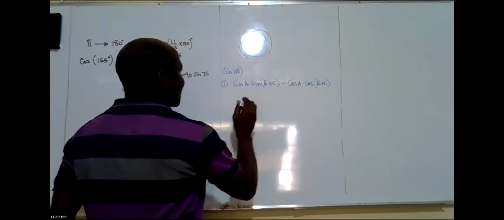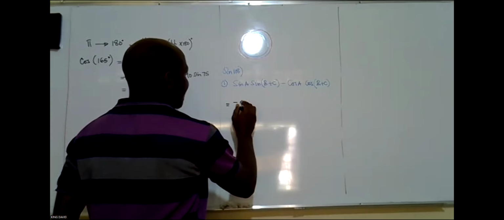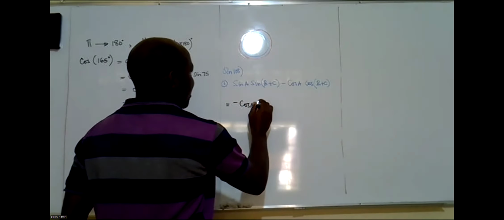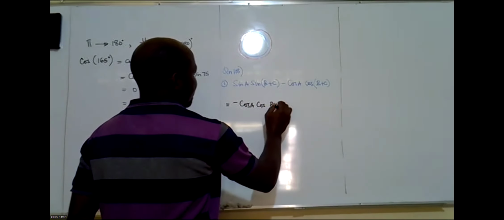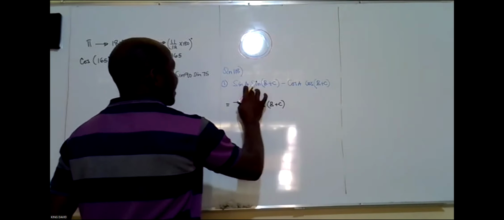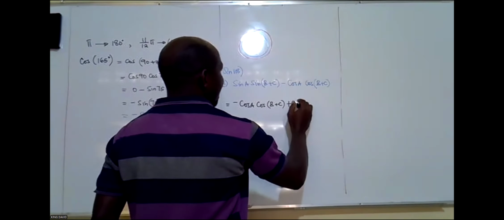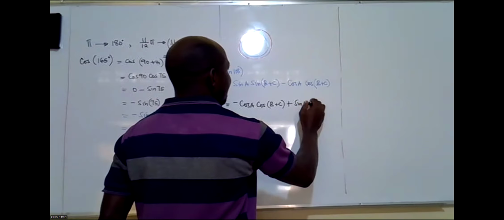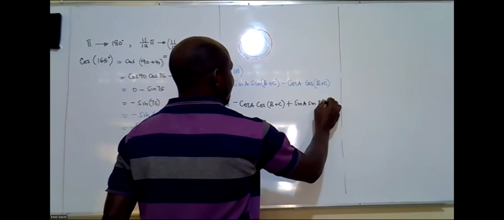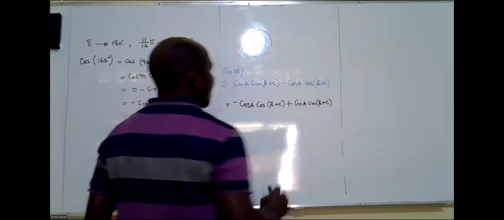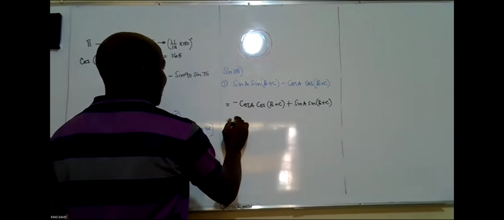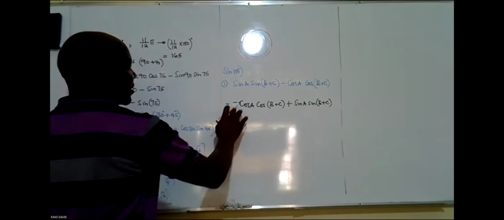Cos is a negative, so this is negative cos A cos of B plus C. Then sin is a positive, so plus sin A sin of B plus C. Then we factorize out a negative.